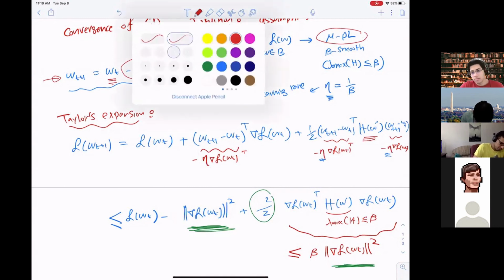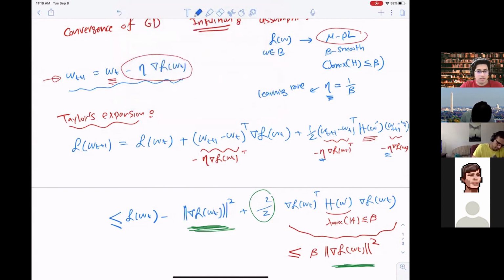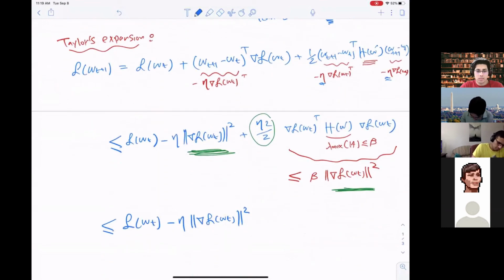Then I have minus eta here, eta times eta, eta squared. Perfect, okay, good. So then I'm going to factor out minus eta times the gradient. So here I'm going to get 1. What about here? I'll have minus eta times beta over 2 for the second term, and then I factor out the square norm of my gradient.